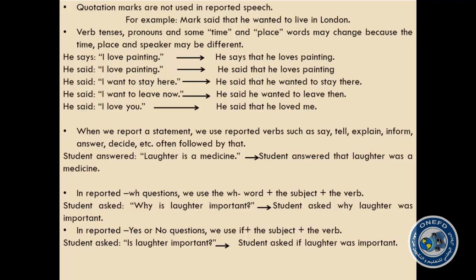We do not only report statements, we report questions as well. When we report questions, we use this form: the WH word or WH question, for example why, what, when, where, and so on, plus the subject plus the verb. You have an example: student asked. It is a question, so we do not say student said. We say the student asked, why is laughter important? This is a WH question. So how do we report it? We say the student asked why laughter was important.